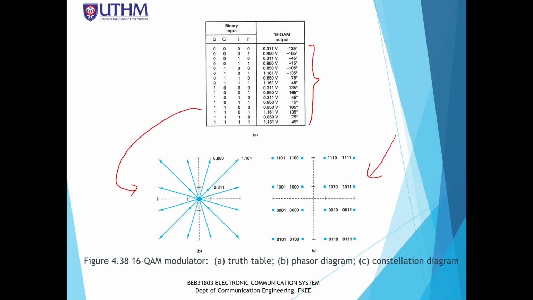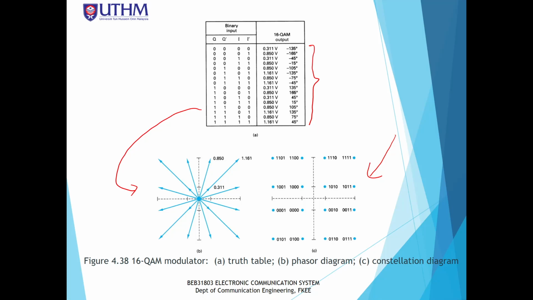QAM also, of course, needs a bigger bandwidth compared to BPSK. But the thing is, we can accommodate many inputs. That's a good thing.